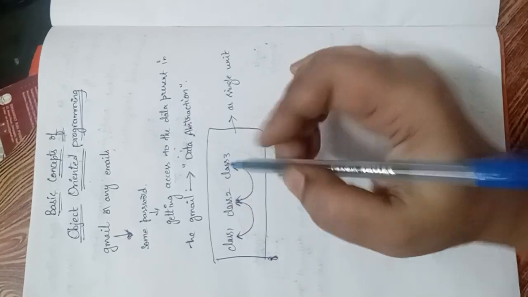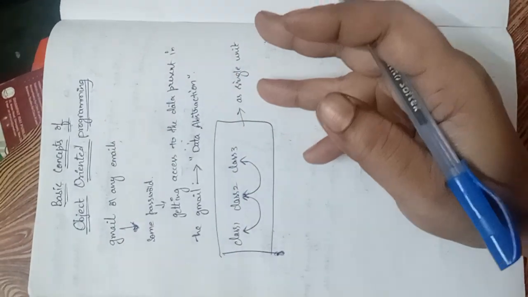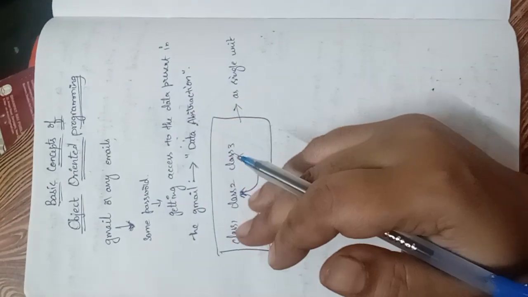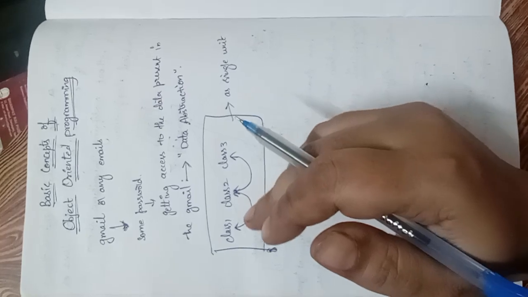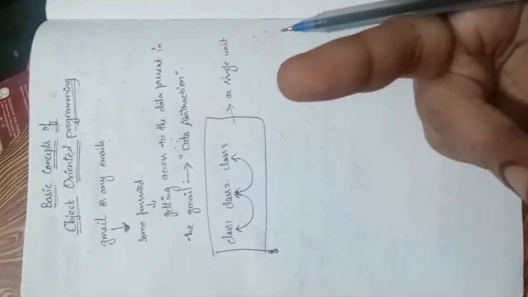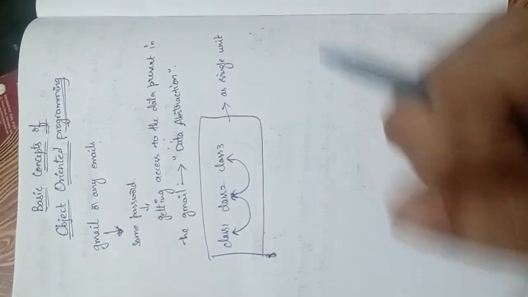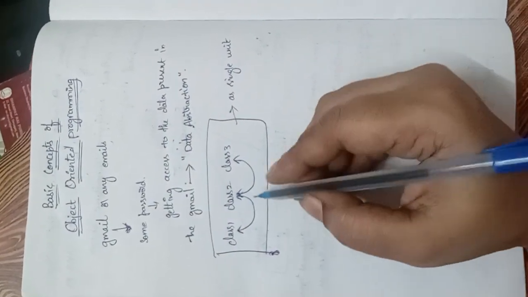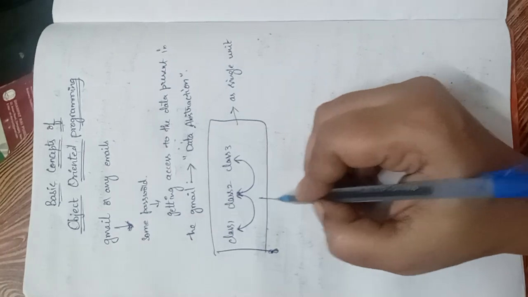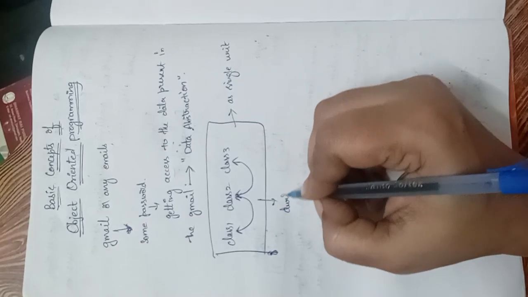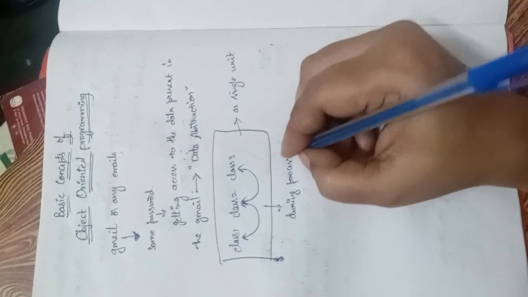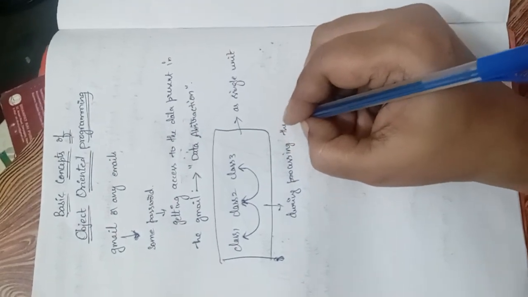These classes communicate with each other, sending and receiving messages. By the messages they access the data and code written in those particular classes, during processing they access it.